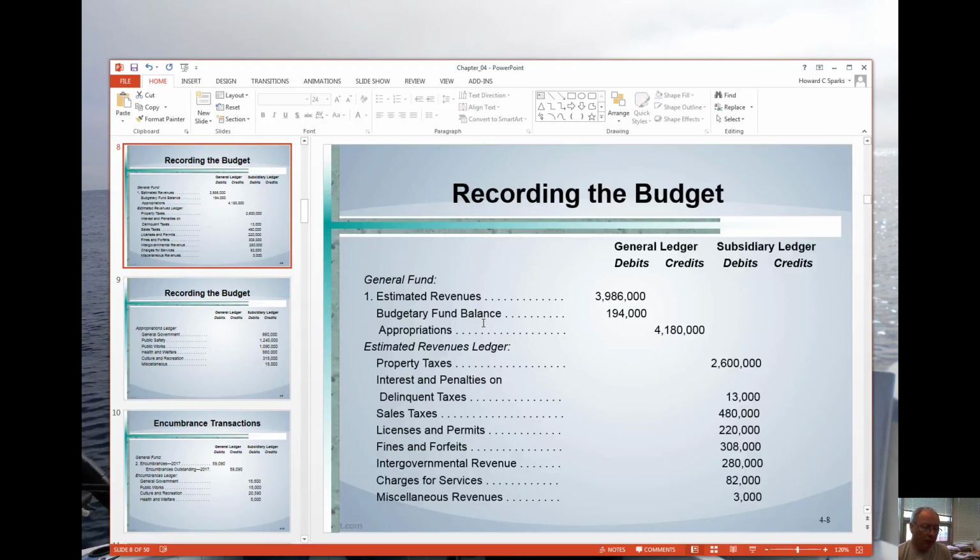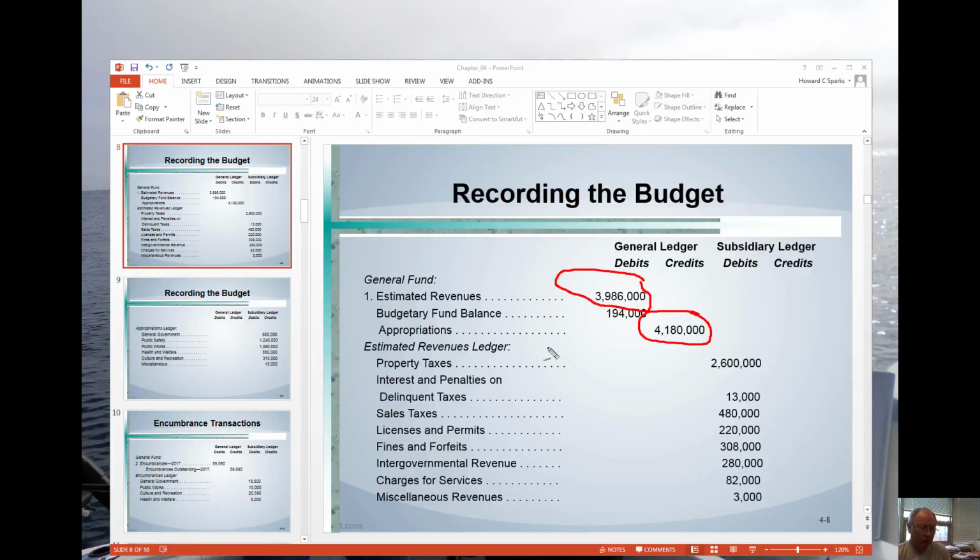Now, recording the budget, this isn't anything new. What I tell students here is, this is a compound entry where, instead of recording the revenue side and the related subsidiary ledgers separately, they're actually doing both. So you can see estimated revenues and appropriations together. Here are our estimated revenue accounts, and here are our appropriations.